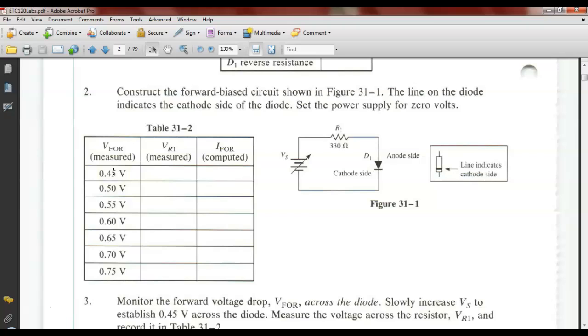We'll start off with 4.5 volts. We got a problem. So that circuit won't work. Can anybody tell me why? No, we're okay. I don't know if we can adjust down to 0.45 volts or not. That might be the problem across the diode when it's forward biased.